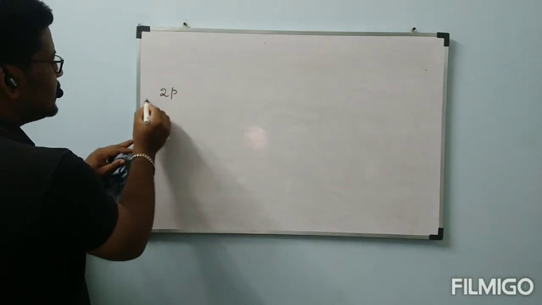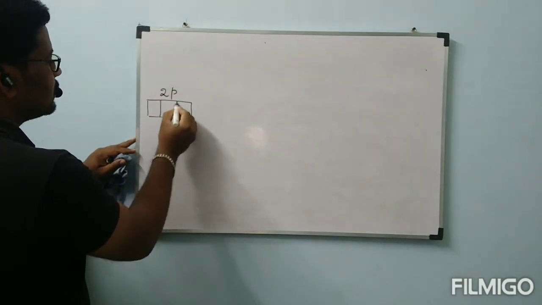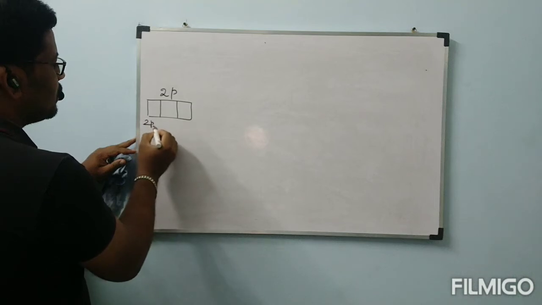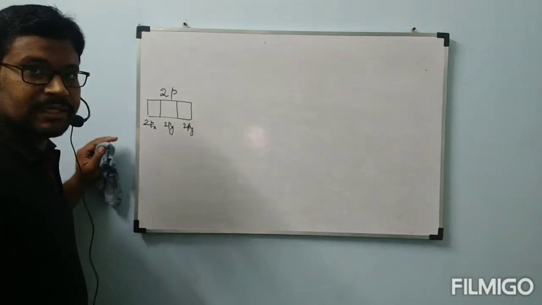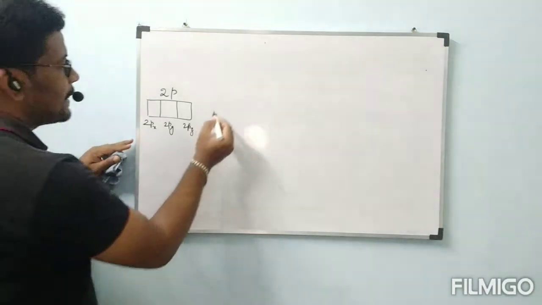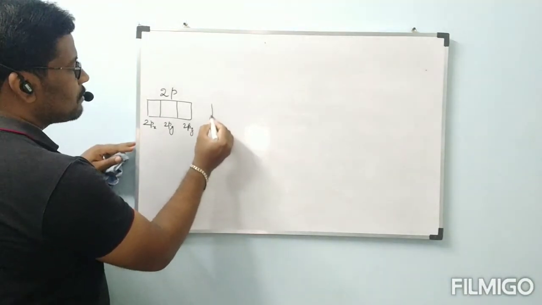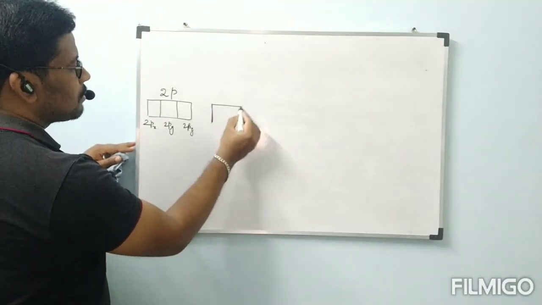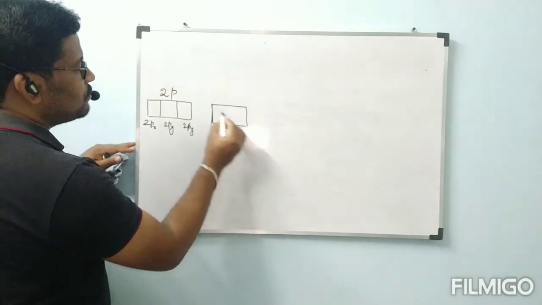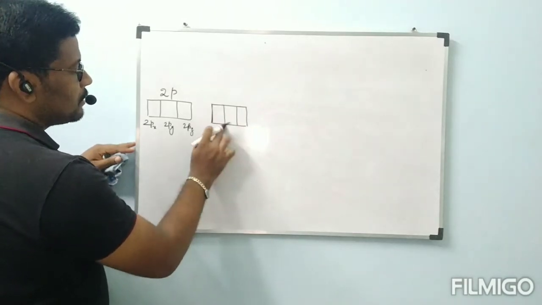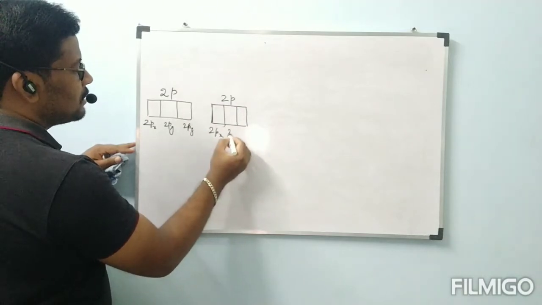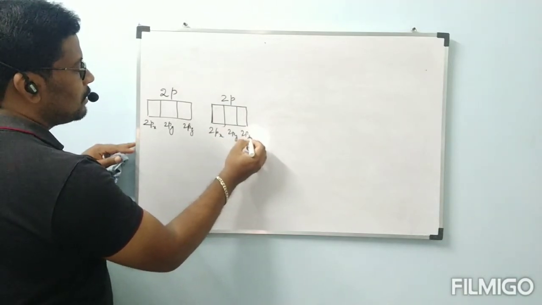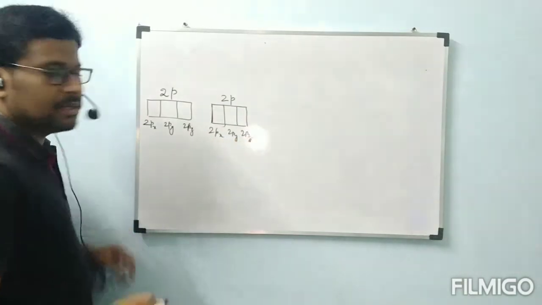Coming to 2p, it contains 3 orbitals: 2px, 2py, 2pz. Another set of 2p here also has 2px, 2py, 2pz.